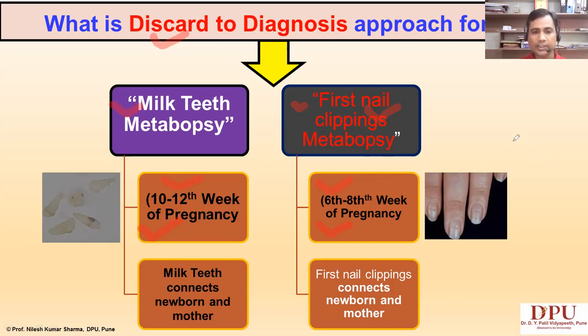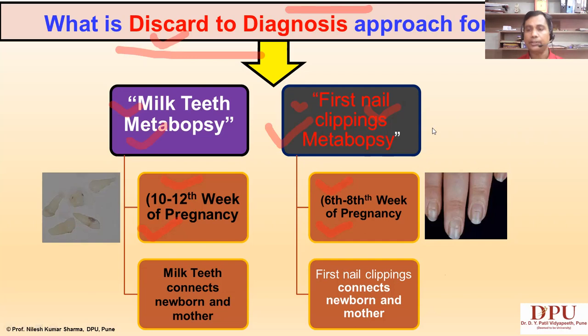So it is highly logical to understand the metabopsy of milk teeth and also the metabopsy of first nail clippings of the newborn. And that may give certain ideas about the whole discard to diagnosis for inborn error of metabolism or the IMD as an early diagnostic. No doubt genetic screening is there, no doubt other biochemical tests are there.